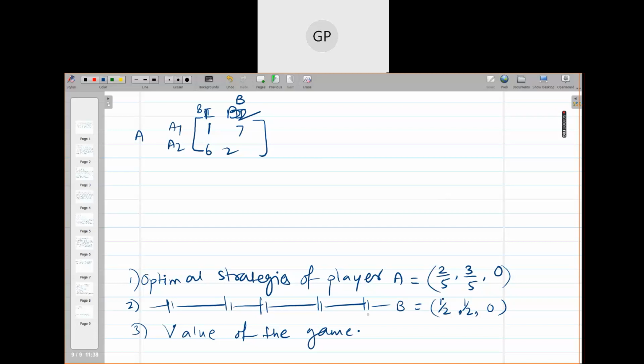And what is the value of the game? It is 1 into 2 by 5 plus 6 into 3 by 5. That is 20 by 5, which is equal to 4.